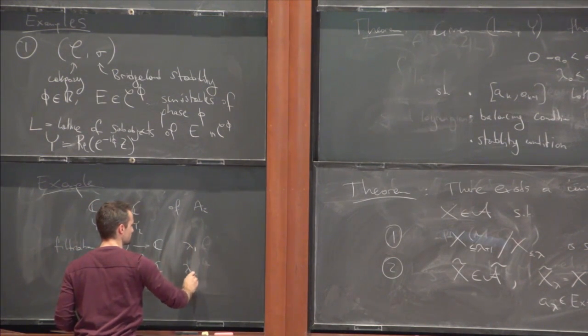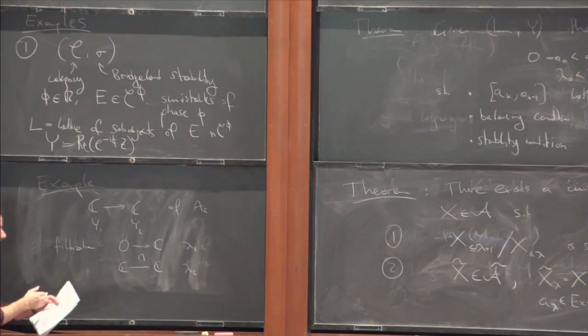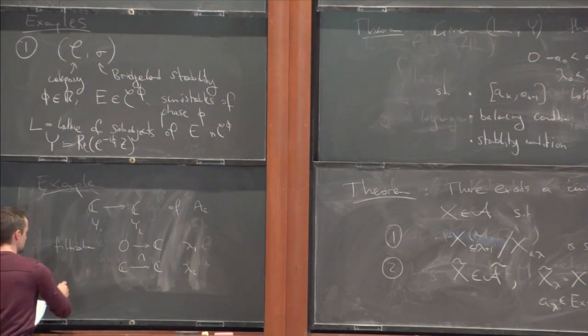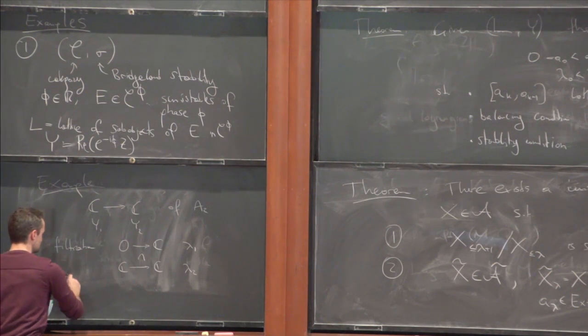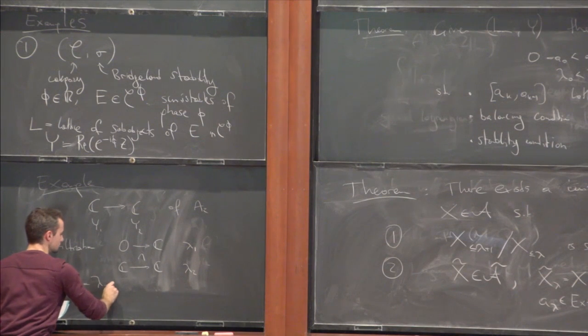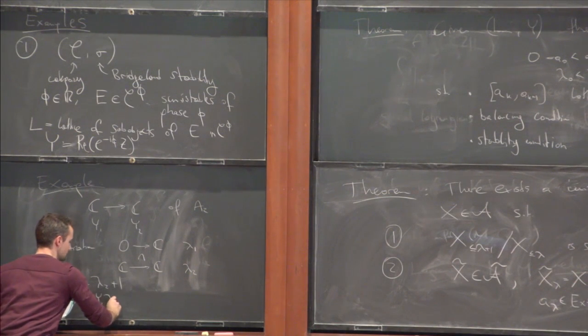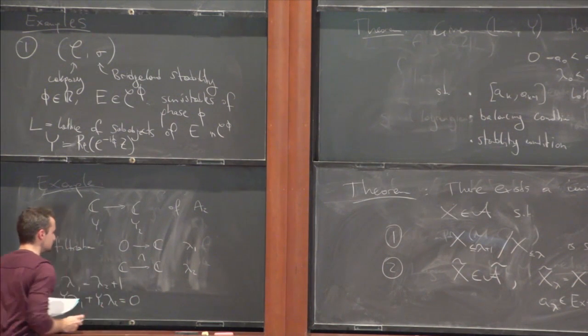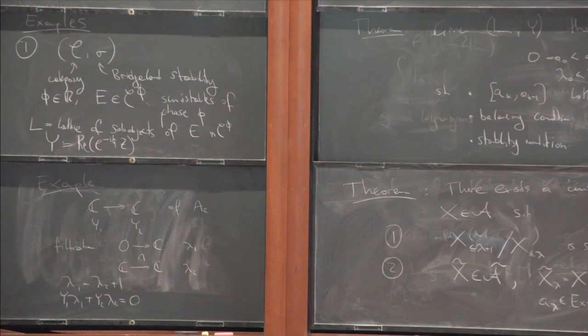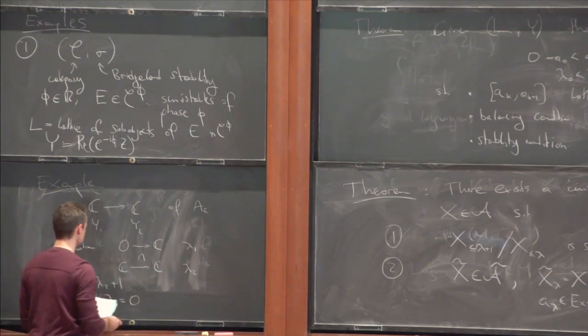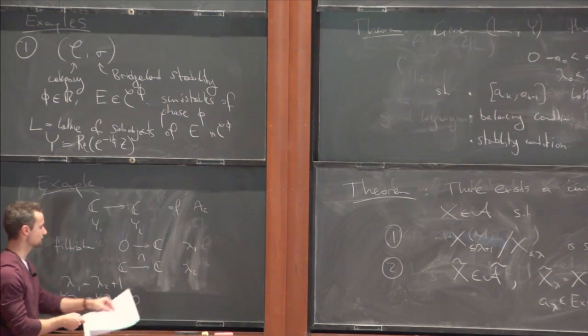There are some weights lambda 1, lambda 2, the growth rates of the metric, which satisfy lambda 1 is lambda 2 plus 1, and then this balancing condition, y1 lambda 1 plus y2 lambda 2 equals 0. And so the difference in grading is 1.